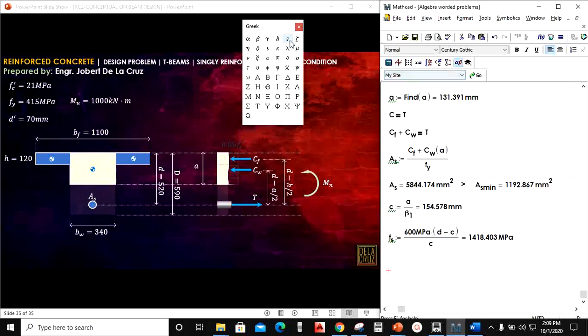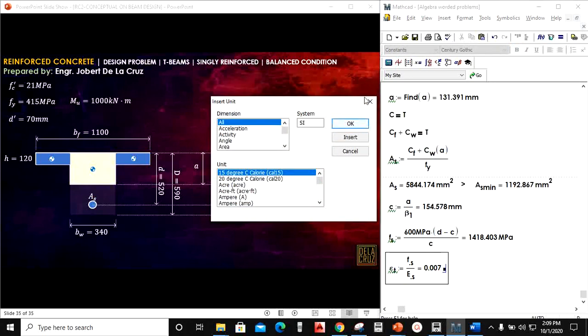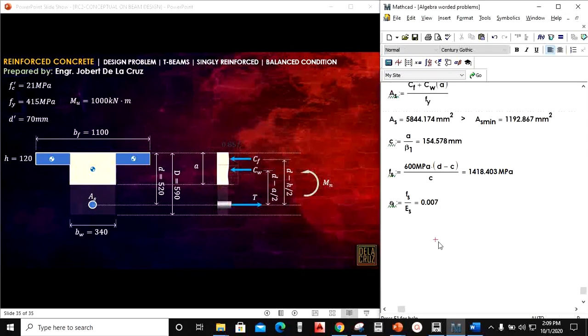But to follow the step, I will calculate the epsilon T. Epsilon T is equals to Fs divided by Es. That is okay. So as you can see, our epsilon T, that one, is greater than 0.005.